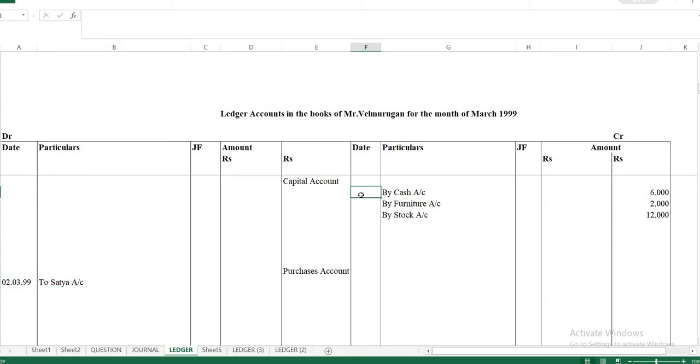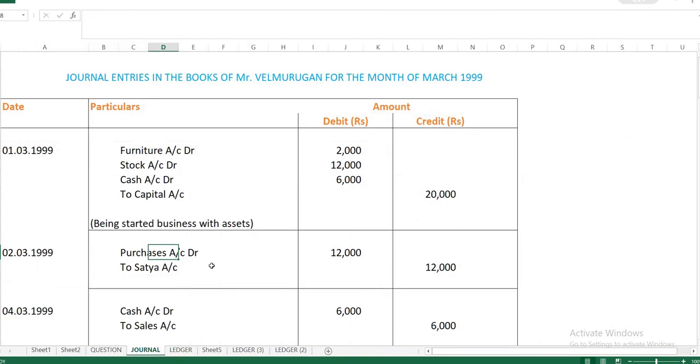For the capital account also you have to mention 1999. It's the same thing, ditto will appear for all. So in the purchases account, you have to mention "To Satya account", because our entry is purchases account debit to Satya account. In the purchases account, you write "To Satya account".